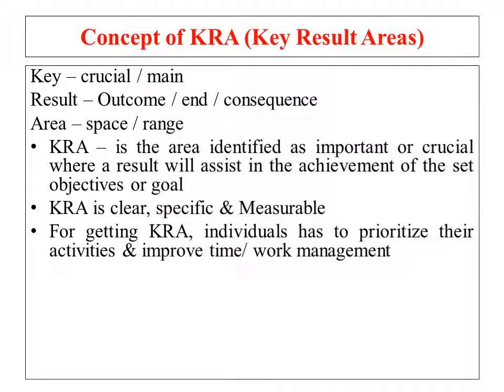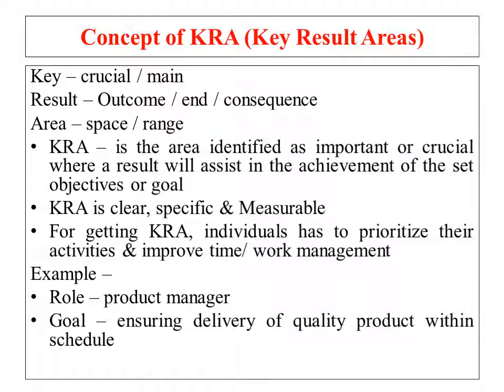Then the area may be a space or a range. So KRA is the area identified as important or crucial, where a result will assist in the achievement of the set objectives or goal. KRA is clear, specific and measurable. For achieving the KRA, individuals have to prioritize their activities and improve their time and work management.